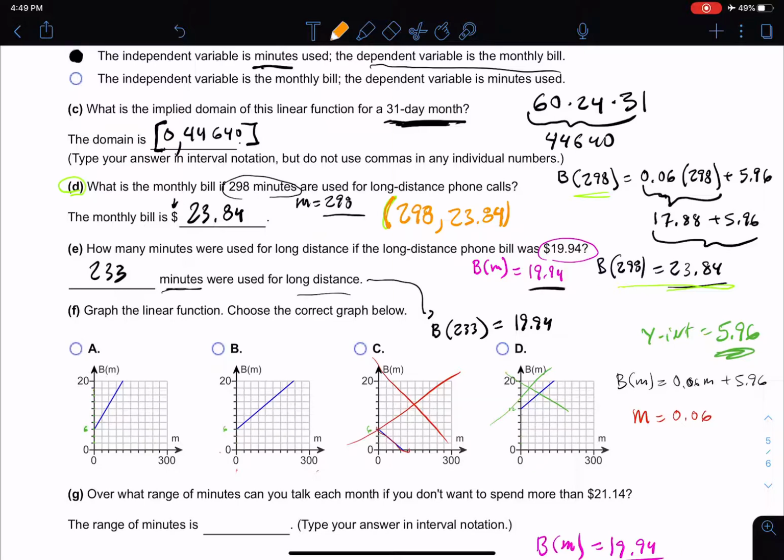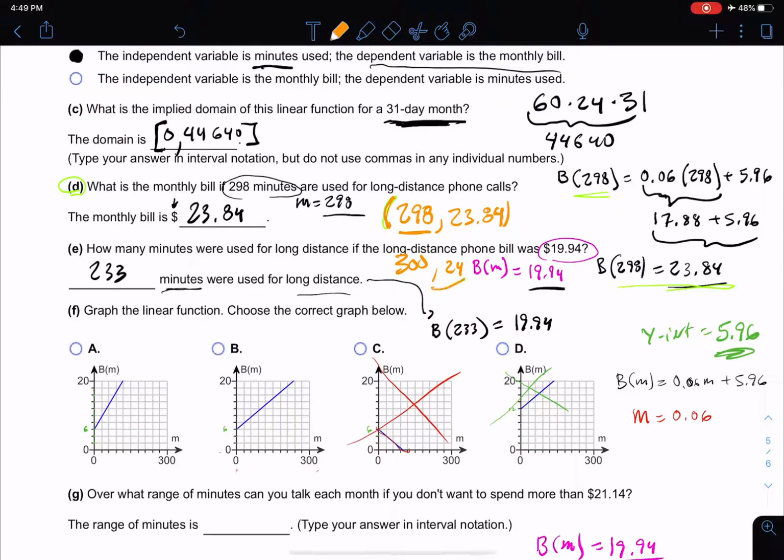So since we're doing an estimate, 298 is very close to what? 300. $23.84 is very close to $24. So I think 300, 24. If a line is really close to that, then I'm pretty confident that the graph is correct.